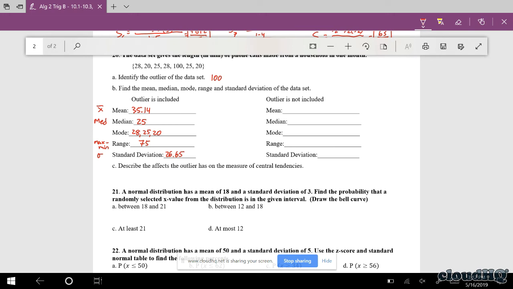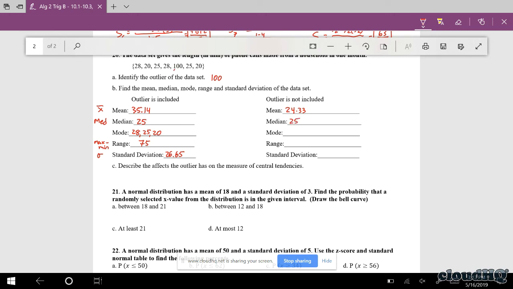And then they want us to recalculate the stats without the outlier. So just go delete the outlier out of your statistics and then calculate them again and write them down. This time my mean is 24.33. My median is 25.